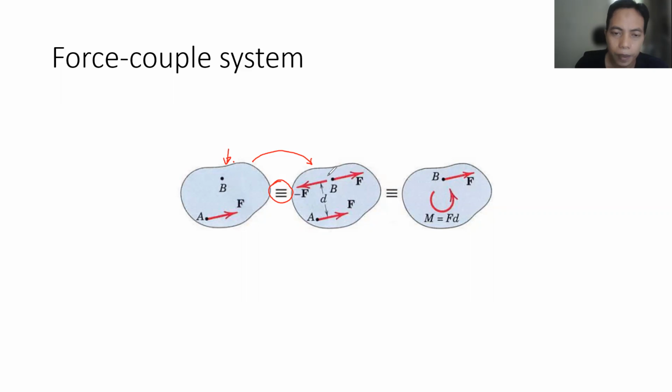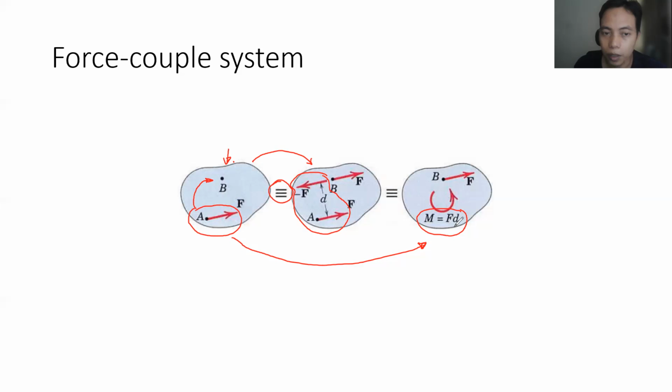But as we know, this couple of force can produce a moment couple, so it will turn or rotate this body like this with a moment of F times D. Because we already reduced this couple of force into this moment couple, we then have another force at point B. So to summarize this, we can change the point of application of a force on the body to another point, but we have to add an additional moment couple as the consequence of moving this force.